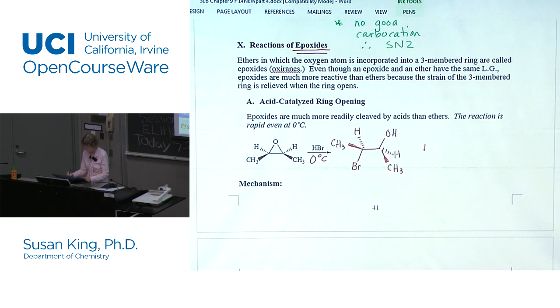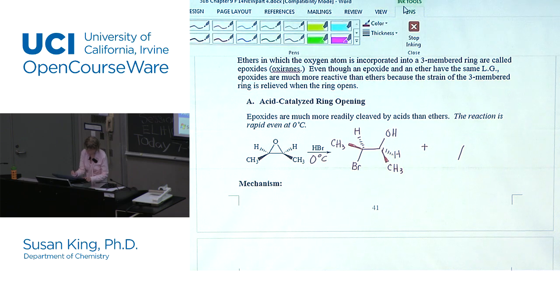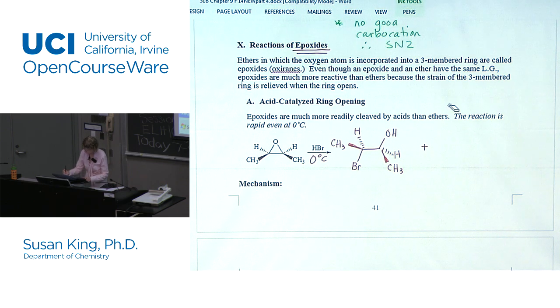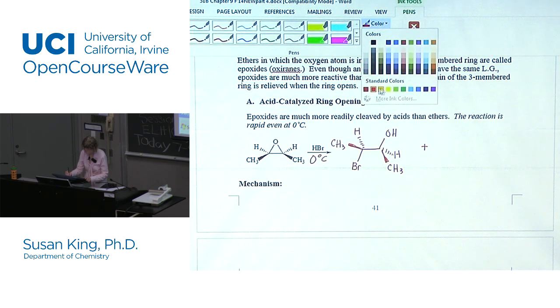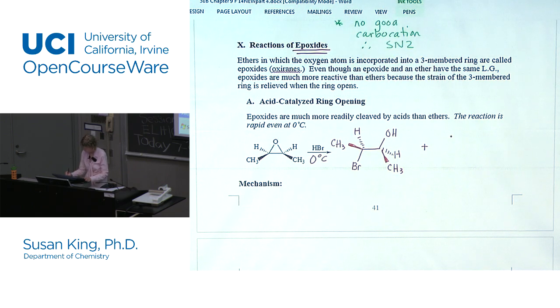All right, so we have this. Oh, and I drew that one wrong. Let me fix that. So we're also going to see some stereochemistry when we're opening up these epoxides. So you will see stereochemistry in these types of problems, and it's going to be really important that you show the right stereochemistry when you're doing reactions with epoxides.